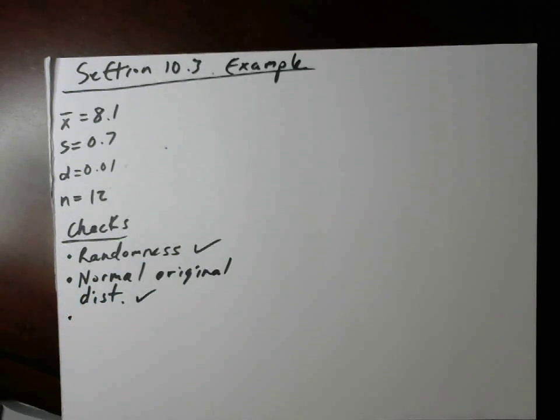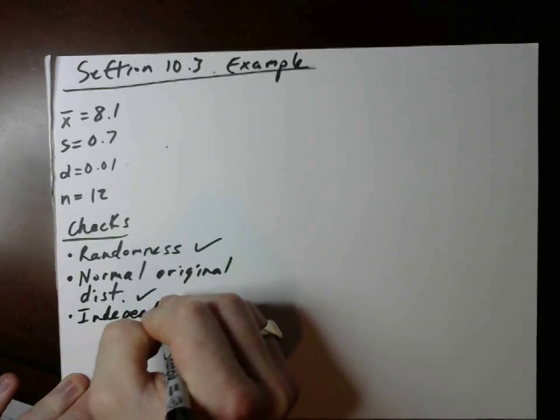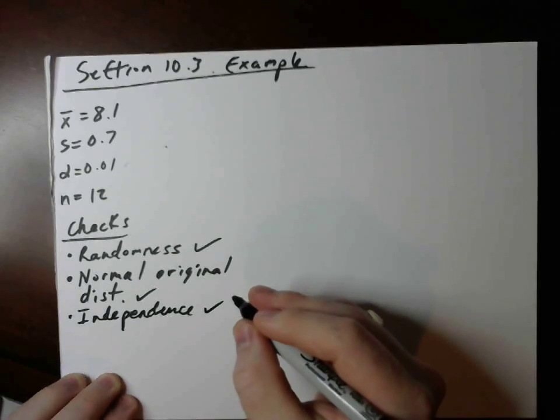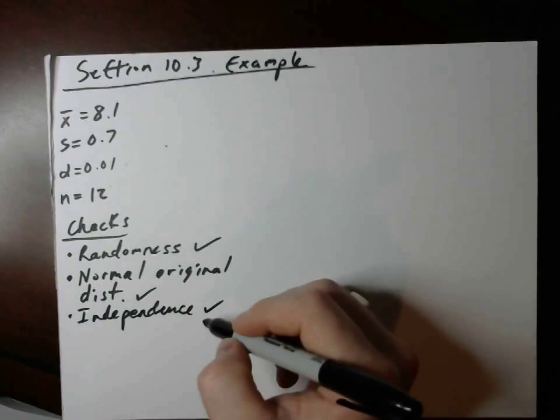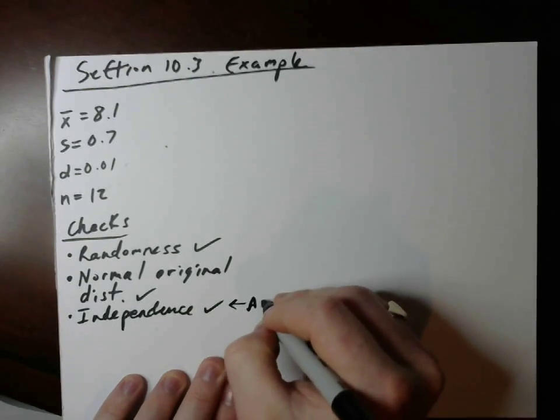And lastly, independence. So as you can see, this is almost identical to the checks for a proportion, and we can assume that each of the 12 adolescents that were randomly selected, each one is independent of each other. So independence, we're going to assume to be true. So we're only assuming this one.